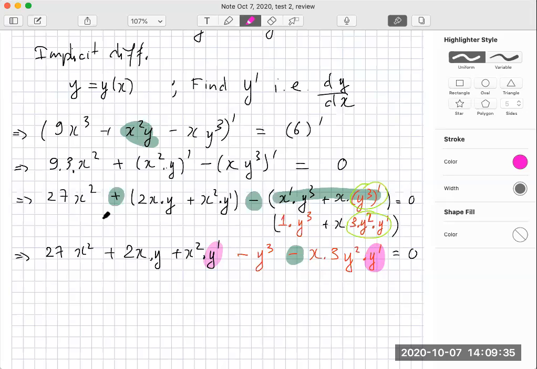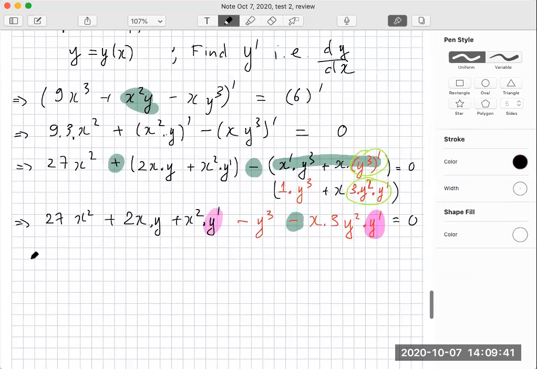That is the normal way we do it. Okay, so we do it step by step. On the left-hand side, we keep the terms related to y prime, which is x squared y prime. And instead of writing x times 3, we can write 3 times x, y squared, y prime.